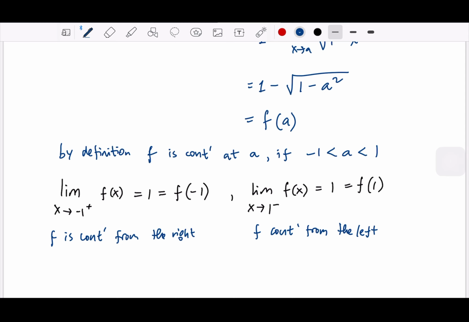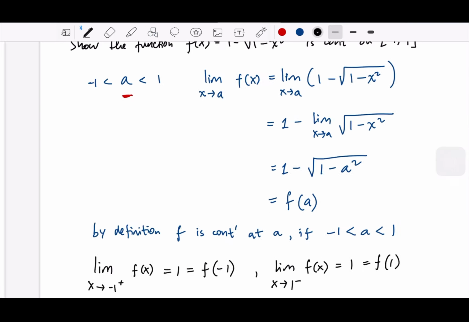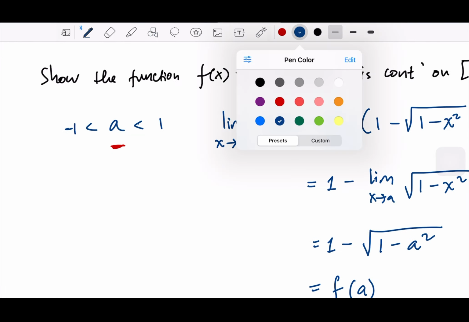Actually, up until this one, it's already finished. But you can also look at it if I draw the functions. Okay, so I'll draw the functions here. Let me just write the functions.